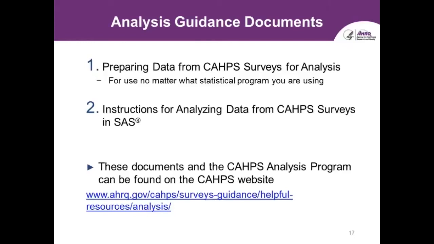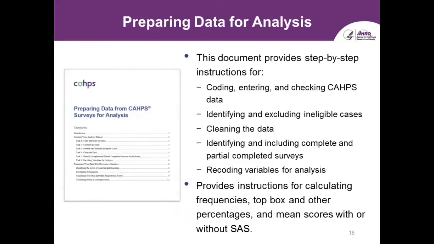And then the second one is if you're using the CAHPS analysis program in SAS and its instructions for analyzing data using that. So these documents and the CAHPS analysis program can be found on the CAHPS website, which is at www.ahrq.gov/CAHPS/surveys-guidance/helpful-resources/analysis.